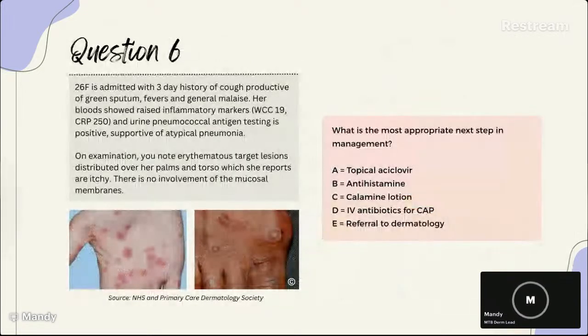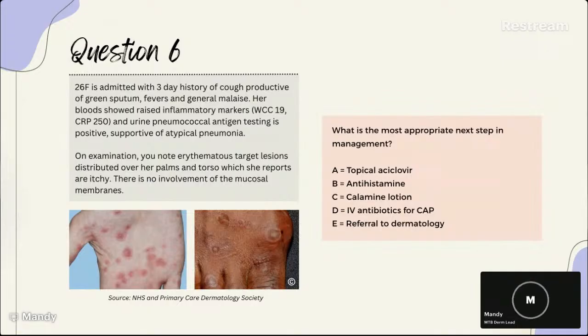This is question 6. You have a 26-year-old lady that's admitted with a 3-day history of a cough that's productive of green sputum. She's also got fevers and general malaise, and her bloods show raised inflammatory markers with a white cell count of 19 and a CRP of 250.